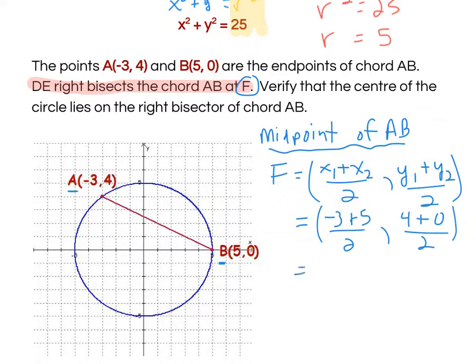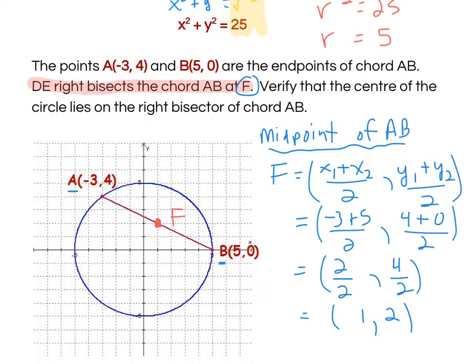I can tell right now that -3 plus 5 gives me 2, divided by 2, and 4 divided by 2. My midpoint is at (1, 2). So (1, 2) is exactly where I thought it would be, right here, but we've proven it now by finding that midpoint. So I'm going to label it F because that is what the question has asked me to do.